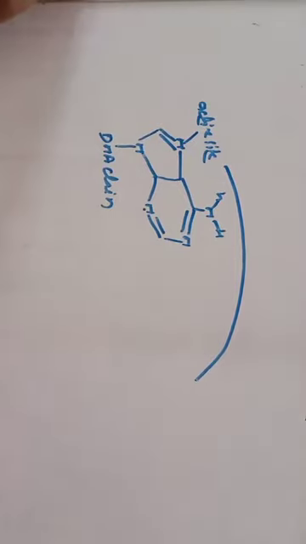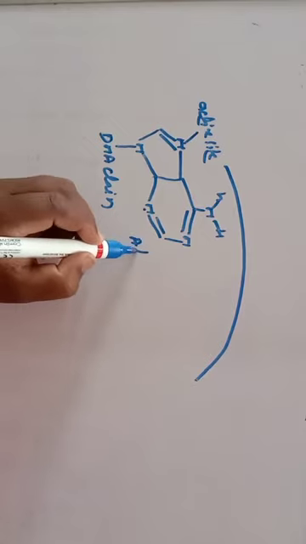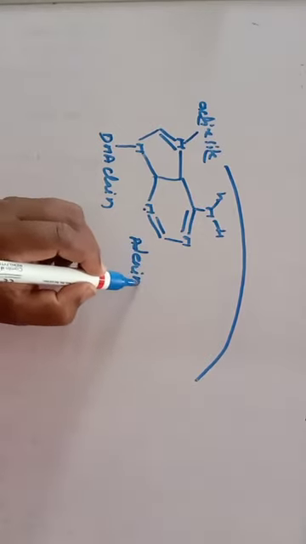If we consider a single DNA strand, it contains purines and pyrimidines. So let us discuss the structure. This is your adenine residue.